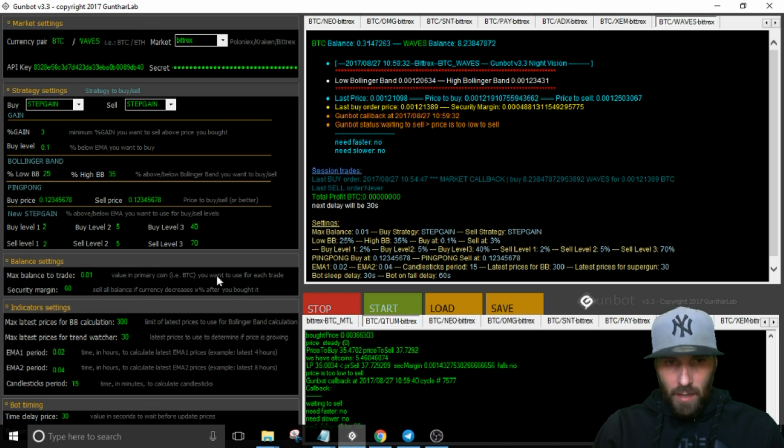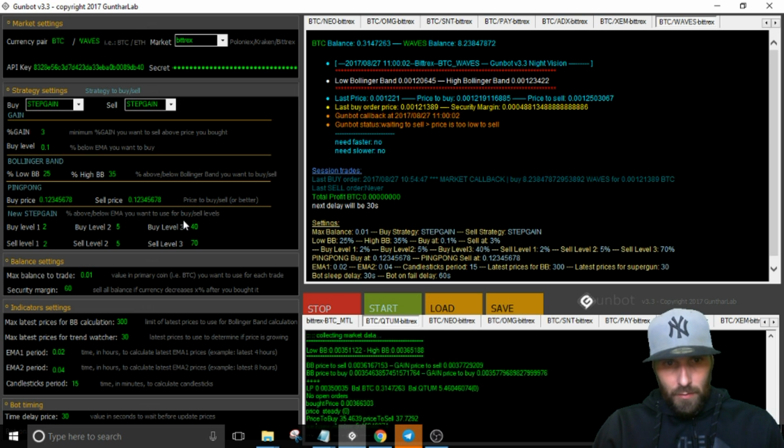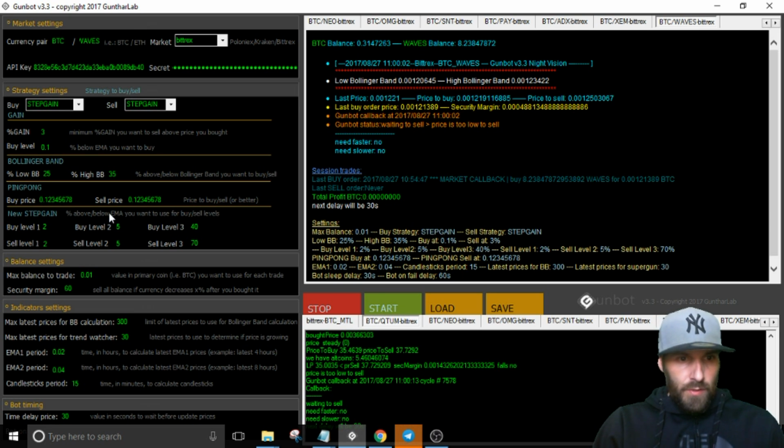In Stepgain, you have 3 buy levels, 3 sell levels. Buy level 1 is set to 2, buy level 2 is set to 5, and buy level 3 is set to 40. So what it's going to try to do is buy 2% below the EMA, 5% below the EMA, or 40% below the EMA.